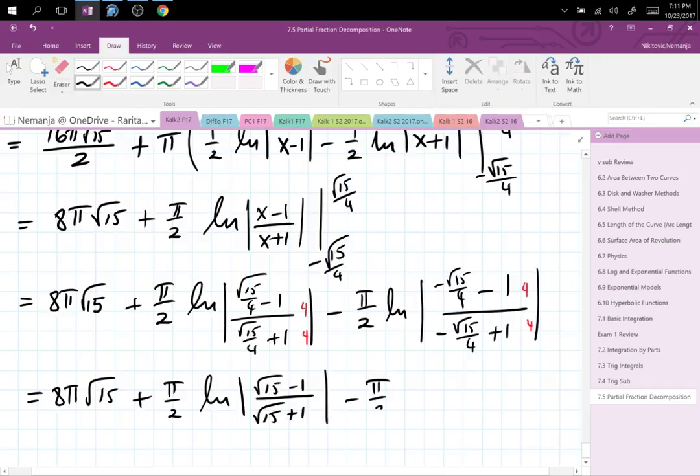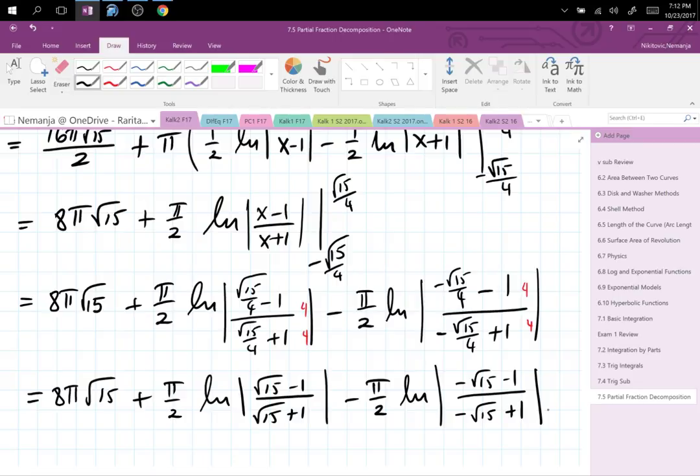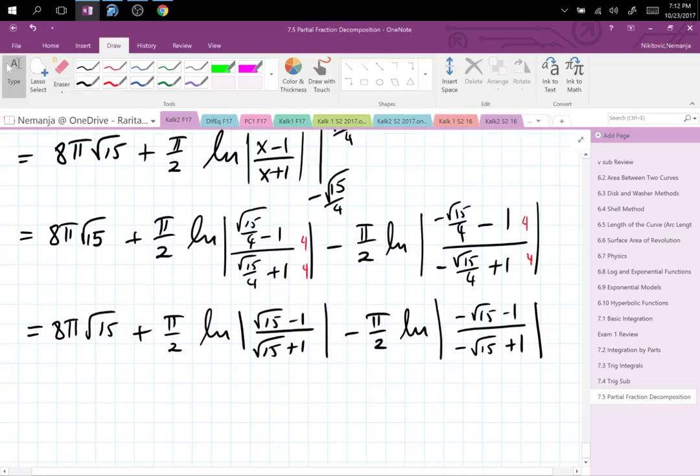And the second one, again, after multiplying by 4, we get negative root 15 minus 1 over negative root 15 plus 1. No plus c, because these are all numbers. You can take the calculator and calculate all of this stuff. Close the absolute value. So you are going to get some ridiculous decimals out of this. But such is life.